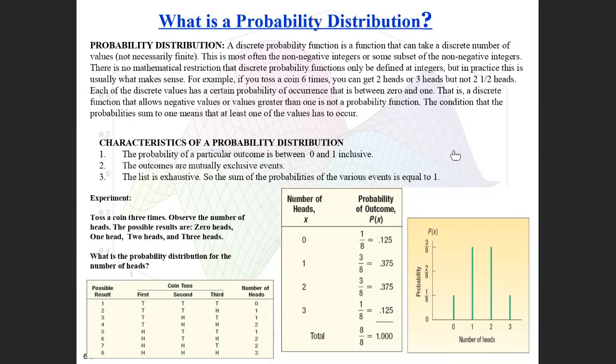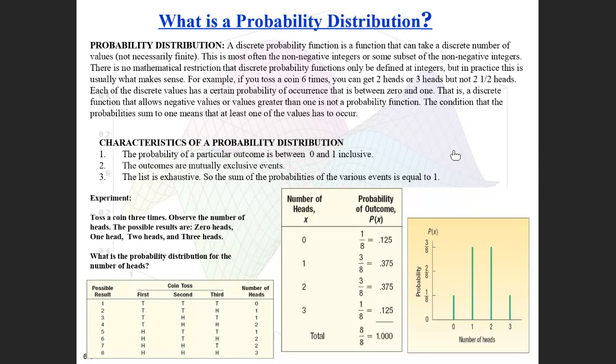When we're talking about statistics, there's no such thing. When it's discrete, it's just an integer. And each of the discrete values has a certain probability of occurrence that is between 0 and 1. As you know, it's still a probability. It's still a percentage.